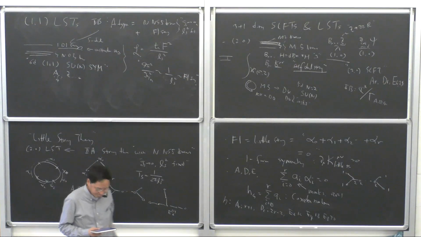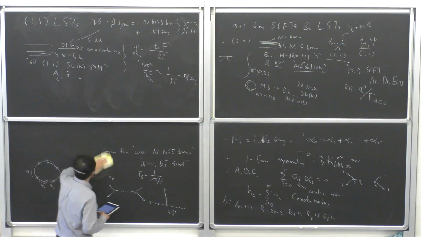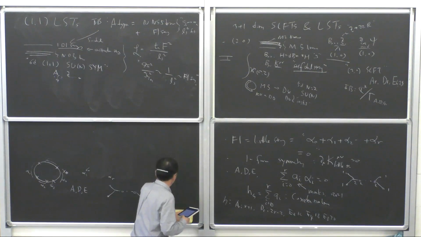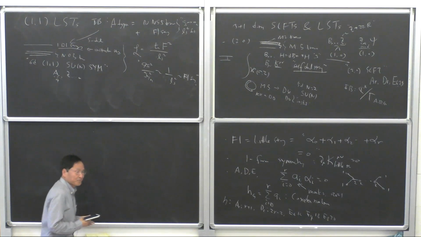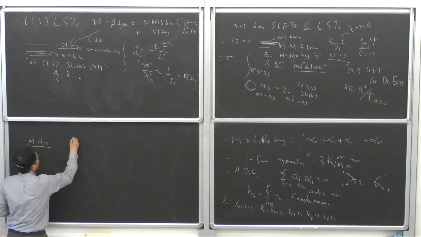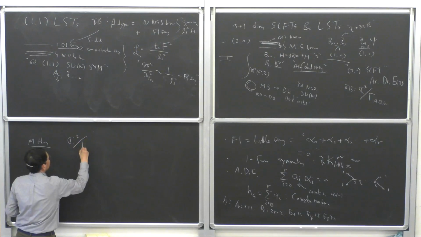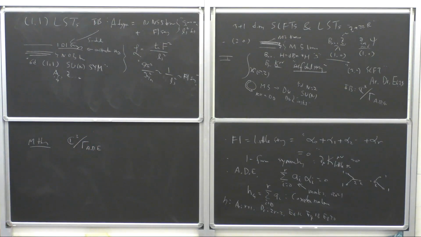Now, there's another way of getting 6D 1,1 Yang-Mills theory: start from M theory. And we think about M theory on C2 divided by ADE.